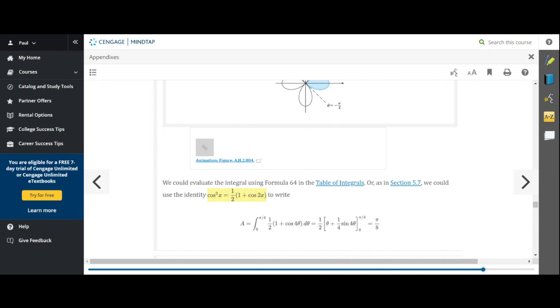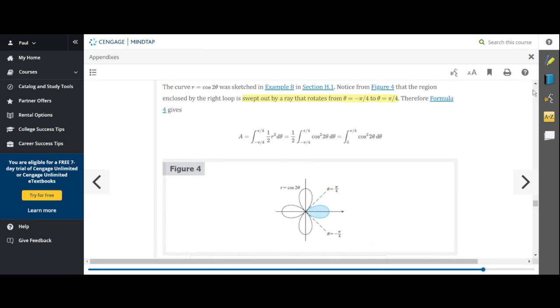And remember, class, this whole section on polar coordinates is in the appendix in the back of the book, but there are other things in the back too, like Appendix C has a section on trigonometry if you need to review it. So we need to integrate the cosine squared of 2 theta.